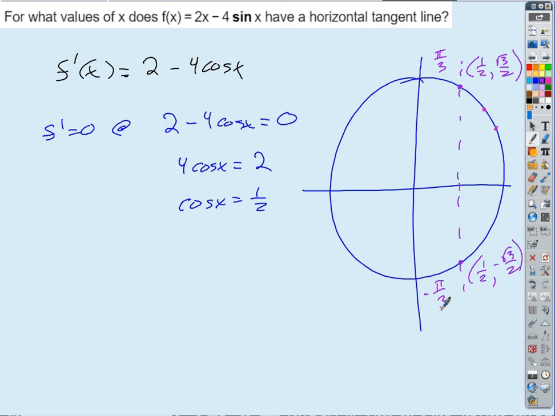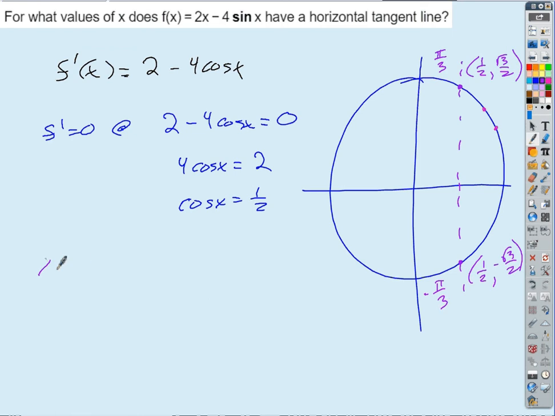If we want to find all of the places, for what values of x, where does that happen? There's an infinite number of revolutions around the unit circle, right? So I could say pi/3 plus 2k pi. If k is any integer, then I'm taking some integer number of laps, positive or negative, around the unit circle to get to that spot. So I'm going to get 2 solutions.